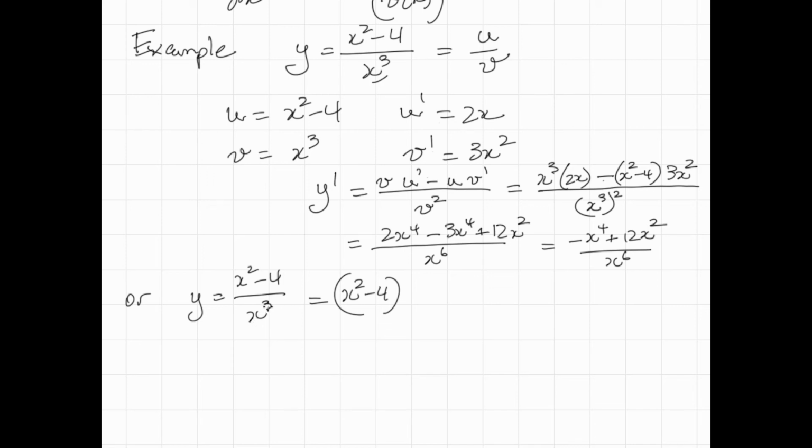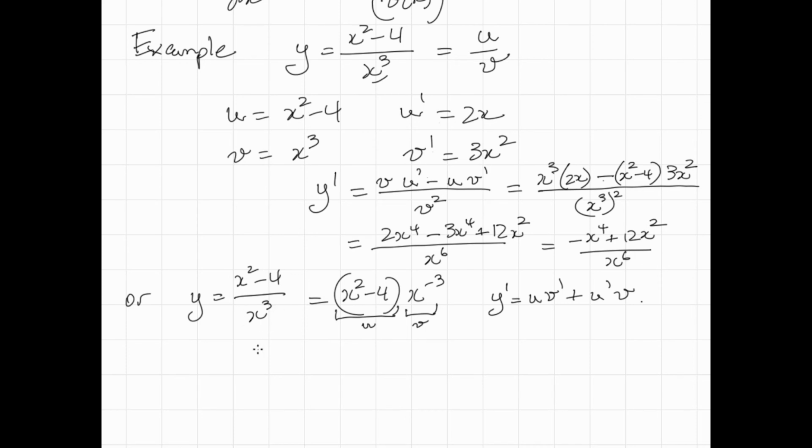So if it's x to the positive 3 downstairs, when it comes upstairs it'll be x to the minus 3. So then we could use the product rule. We could say that's equal to u and that's equal to v, and we can go y dash equals u v dash plus u dash v. Go through, and you should get the same answer there. So you could use the product rule instead of using the quotient rule, but you have to manipulate the fraction first.